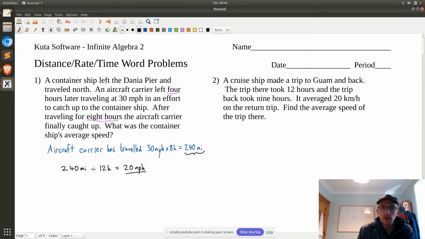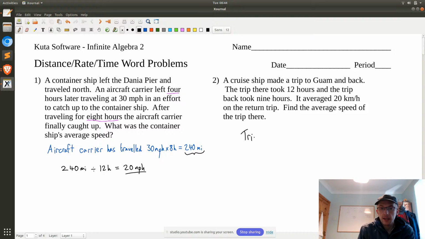All right. So, problem 2: a cruise ship made a trip to Guam and back. The trip there took 12 hours, and the trip back took 9 hours. It averaged 20 kilometers per hour on the return trip. Find the average speed of the trip there. So, it took 9 hours to get back, and it did so at 20 kilometers per hour.